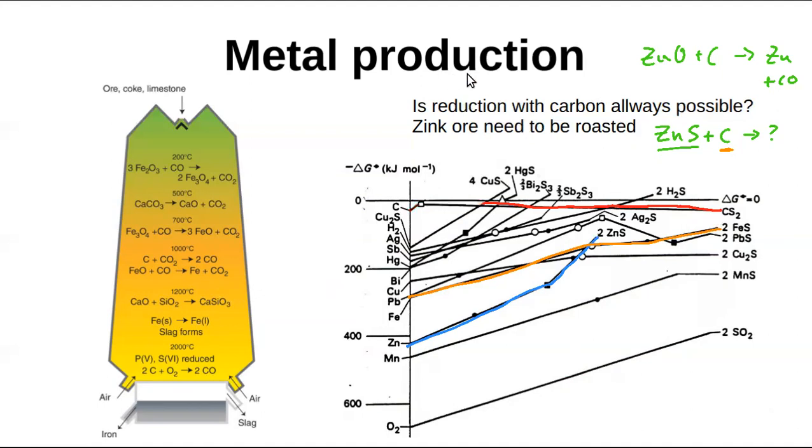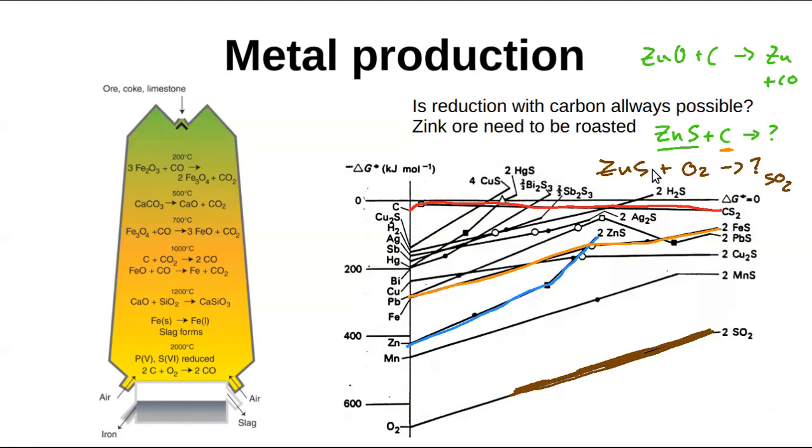What you do is take this sulfide and expose it to air. Then you will have, among other things, SO2, because sulfur dioxide is very stable.